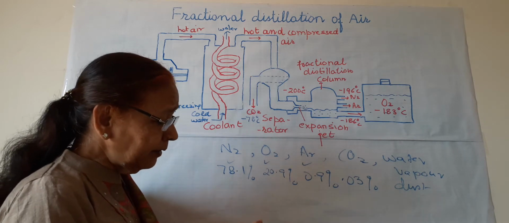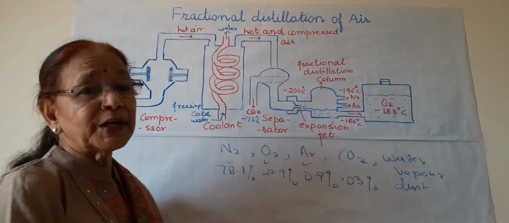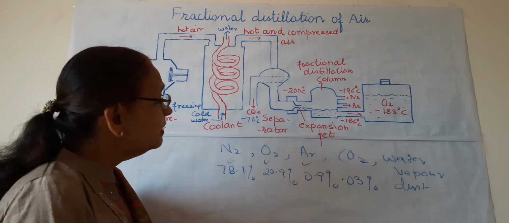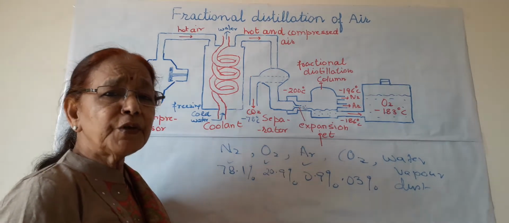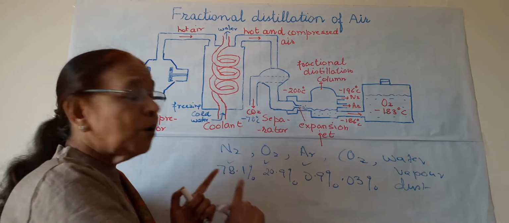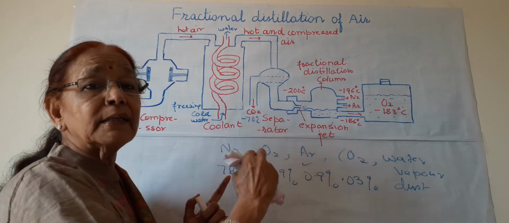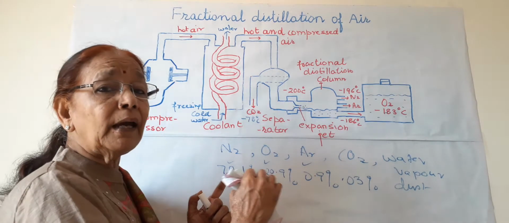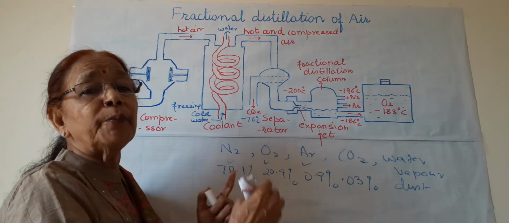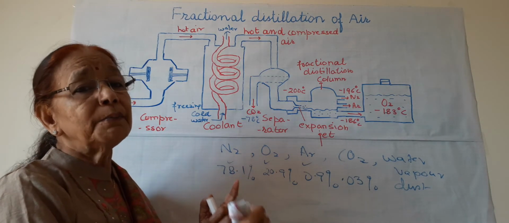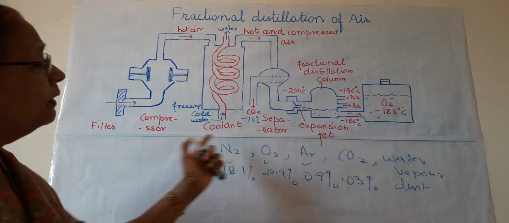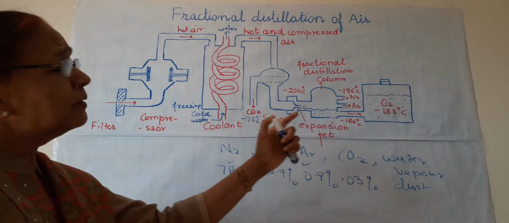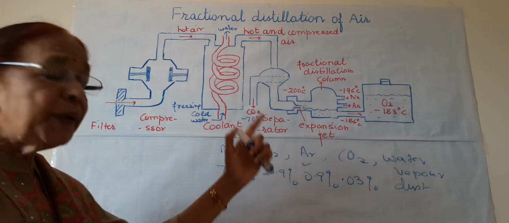So we start here how the fractional distillation of air is done. All of us know air is a homogeneous mixture. Homogeneous means all these gases are present in the air and they form a homogeneous mixture. First of all, these are the different components, different parts of the fractional distillation plant.